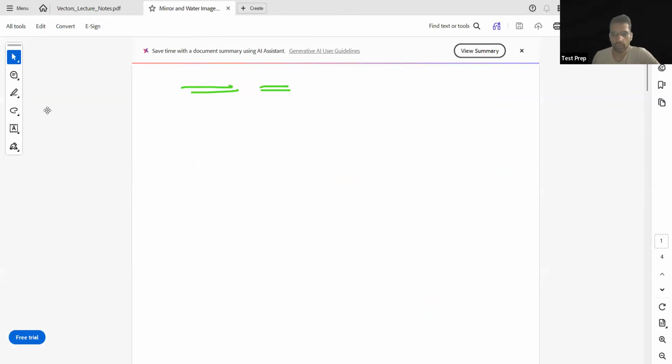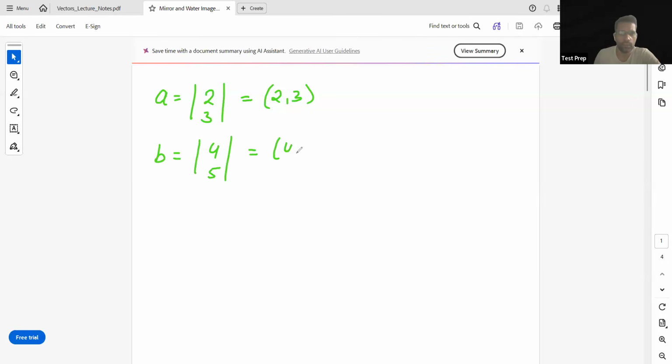Our question was: A is equal to 2, 3 and B is equal to 4, 5. Our formula was A dot B equals magnitude of A times magnitude of B times cos theta.